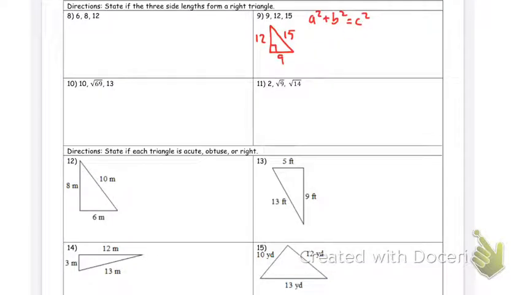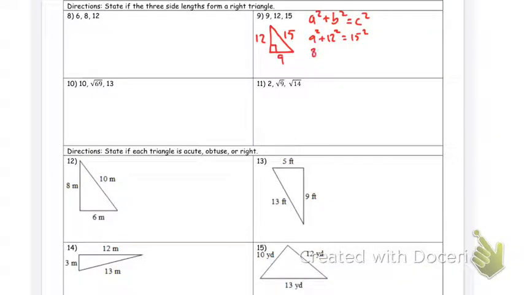So we're going to go 9 squared plus 12 squared equals 15 squared. And we simply do the math on this side, do the math on this side, and see if they equal each other. If they are equal, then it's a right triangle.